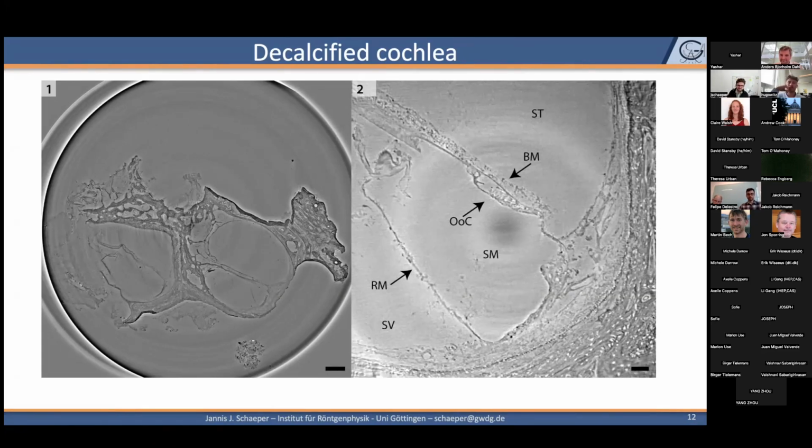For this beam time, it was really to extend the approach to large samples, and also have a look at the organ of Corti and the spiral ganglion neurons, which are soft tissue. We had a challenge here with the high absorption of the bone to combine that.